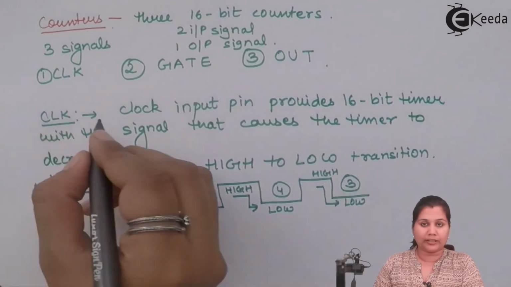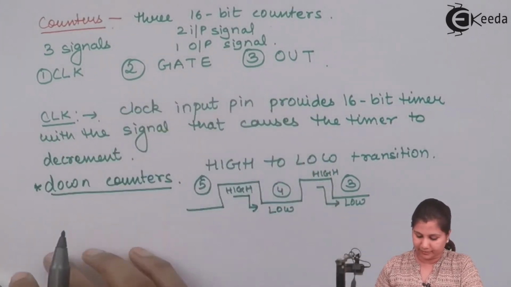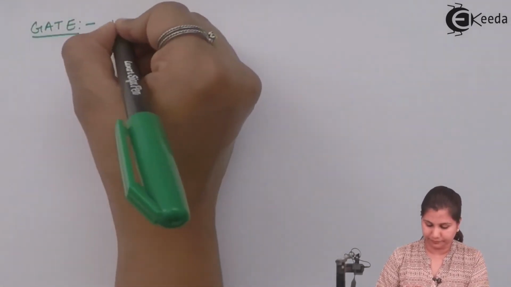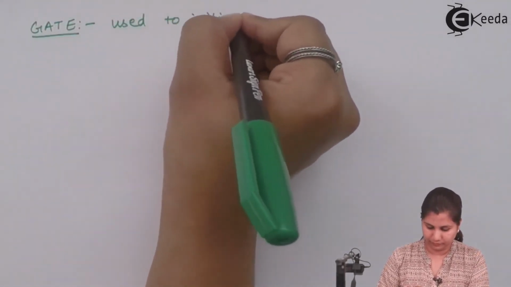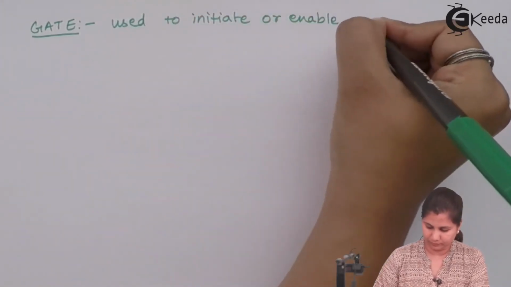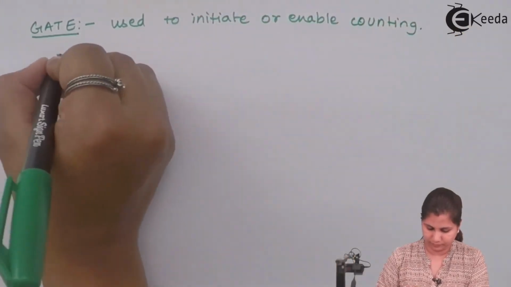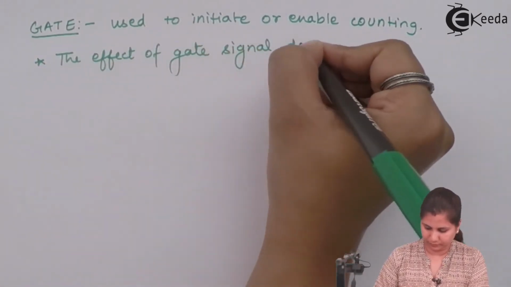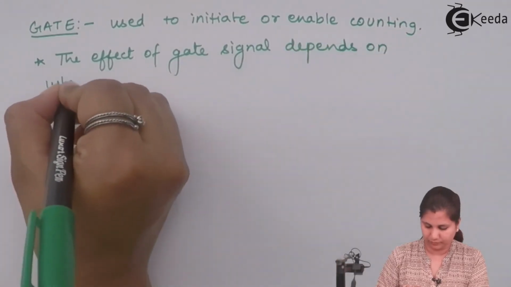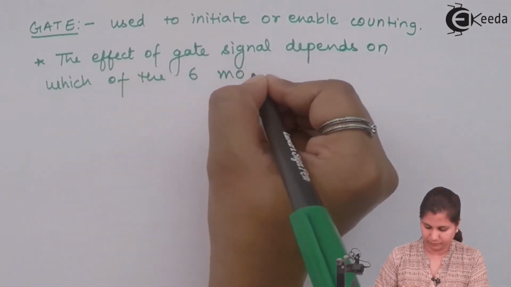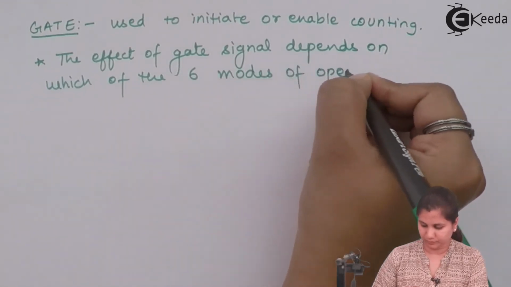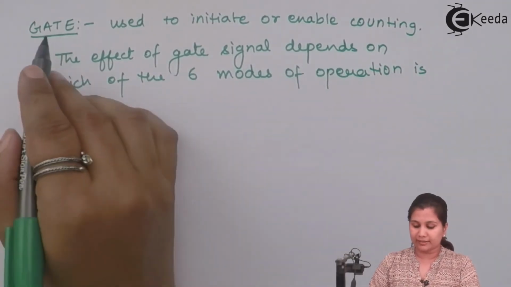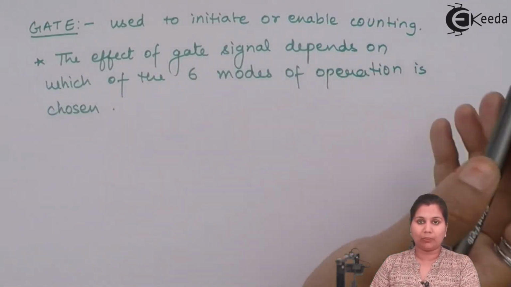So this was the clock input. Now comes the gate. The gate signal is used to initiate or enable the counting process.